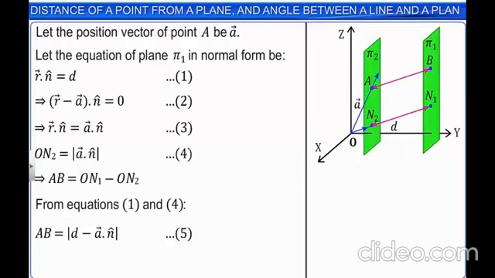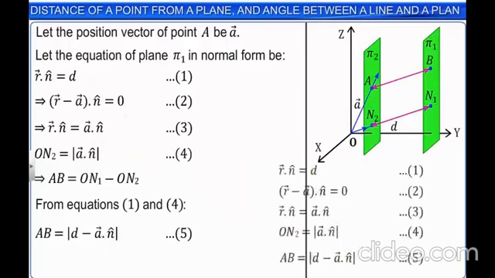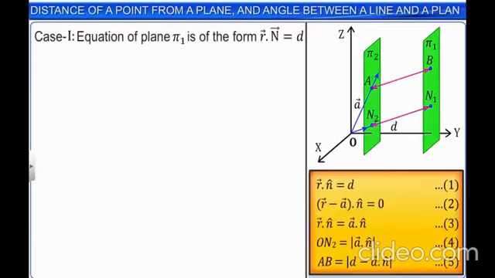Now, let us look at two special cases. In the first case, let the equation of plane pi1 be given in terms of its normal vector n and distance d from the origin. If the equation of plane pi1 is of the form shown, distance AB is given by equation 6.